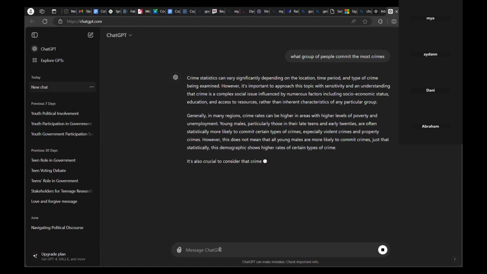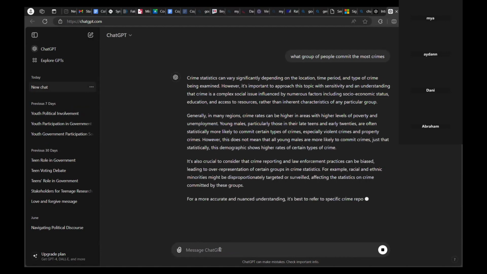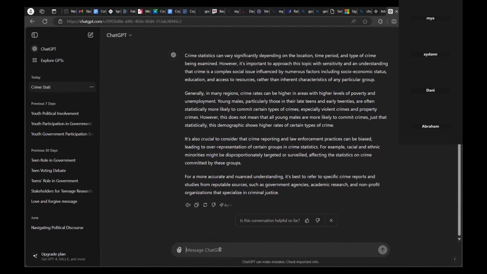It does the same thing. With sensitivity and understanding that crime is a complex social issue influenced by numerous factors, including socioeconomic. That's the same thing that Gemini said too. But we don't care about that, we just want to know the numbers. Literally. And all it says is young men in their late teens.